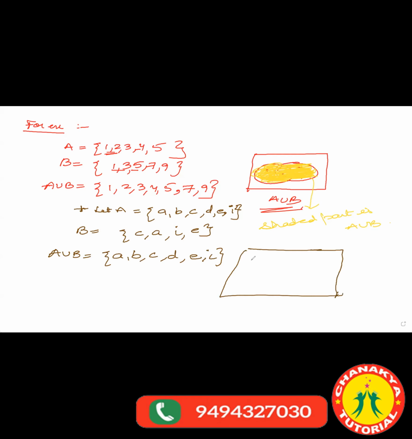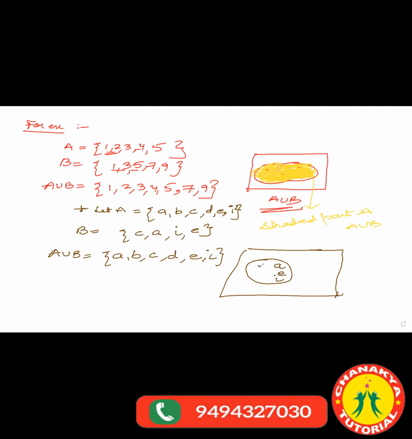You have to make a rectangle. My figure is not up to the mark, right? So first of all, you will draw A. Your A set is A, B, C, D, E. So A, E, I am writing here.